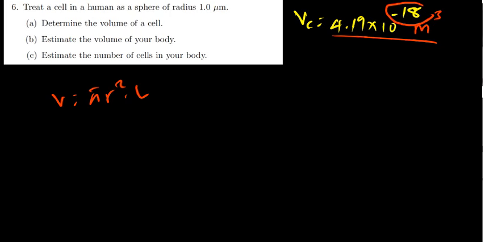So we estimate the volume of who? Me or anyone from here. We estimate your radius; we can put in numbers, it's just to estimate. Even the length, we're going to estimate because we're just estimating your body.